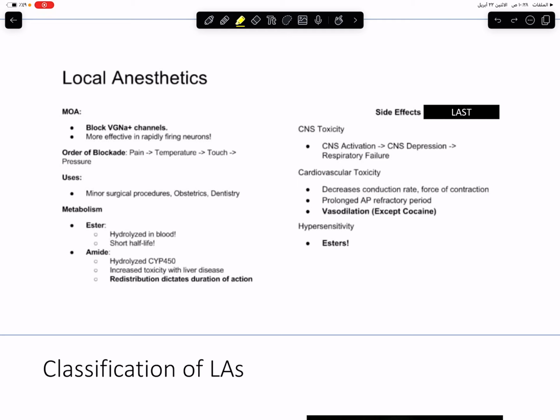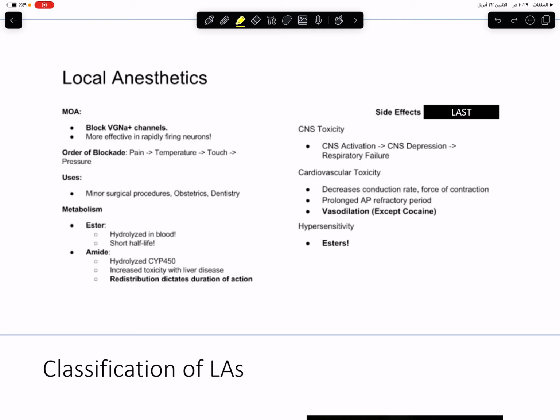If you look, interestingly, the mechanism of action of local anesthetics is the same as that of the epileptic drugs. Why? Because of sodium channels, what we say is the pain channel. The pain channel is the same, so the channelopathy is the same.